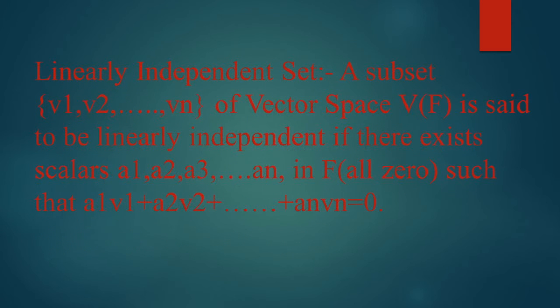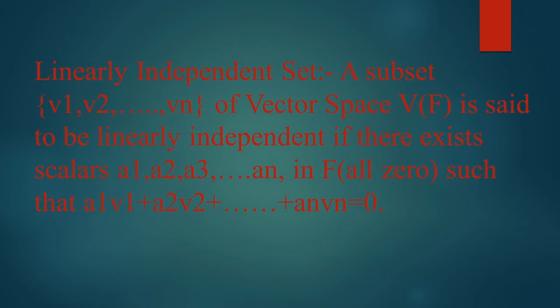And next is the definition of the linearly independent set. A set which is not linearly dependent is said to be linearly independent. So we define a linearly independent set as follows: a subset {v1, v2, ..., vn} of vector space V over F is said to be linearly independent if a1 v1 + ... + an vn = 0 implies that all the scalars are 0.